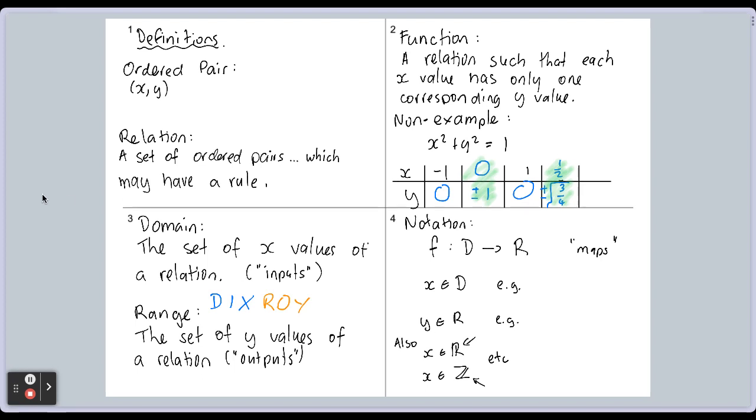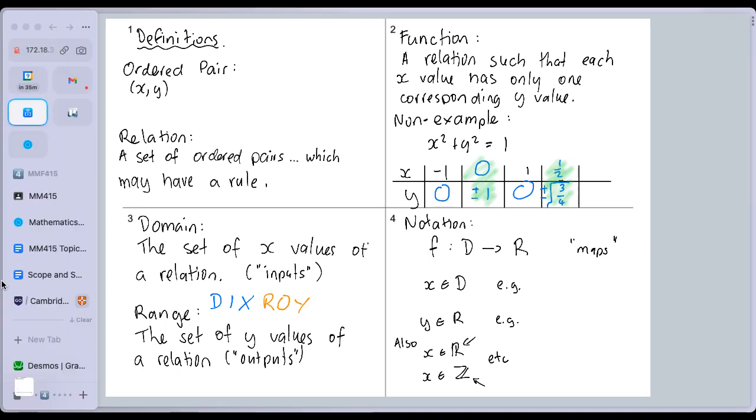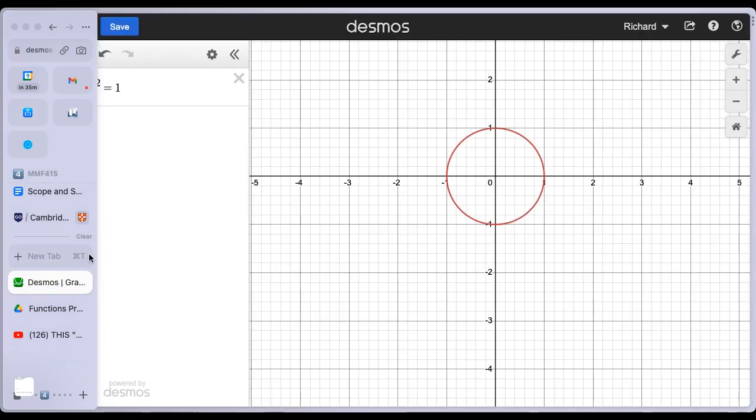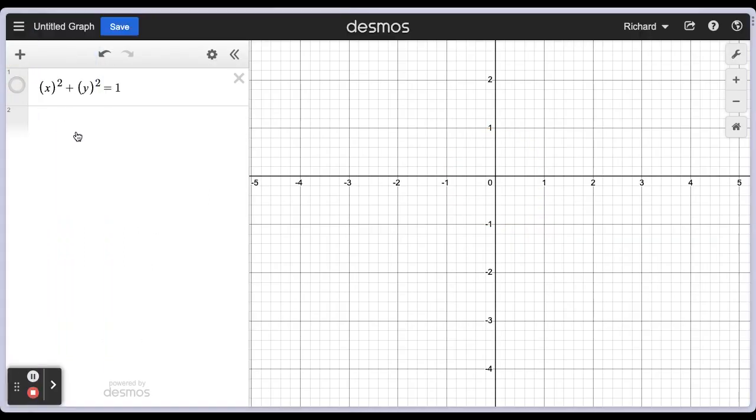I'm going to switch over to Desmos just to give you an example of what I mean with this domain and range. Just trying to think what your experience is so far. Okay, I think we've all seen quadratics, haven't we?